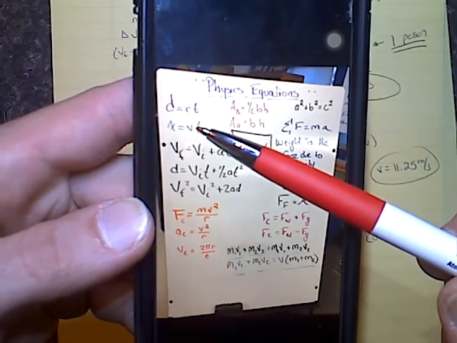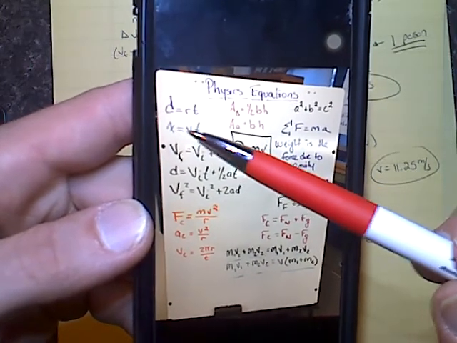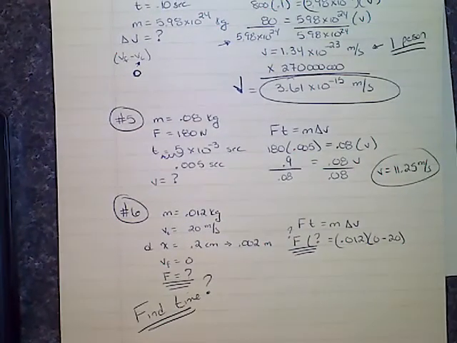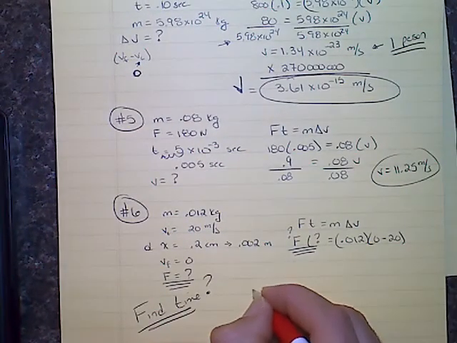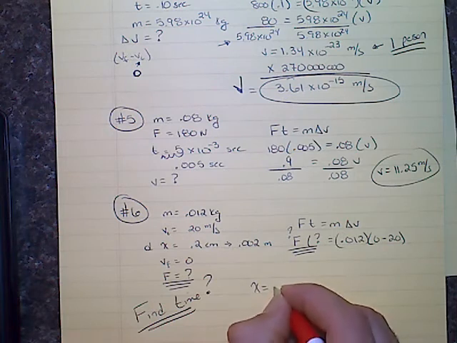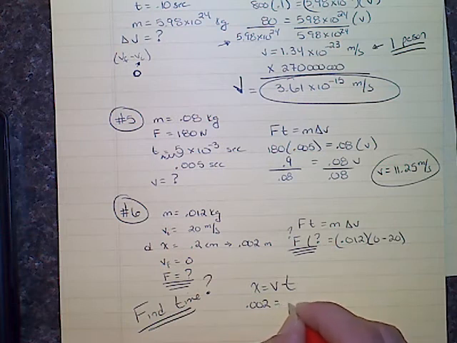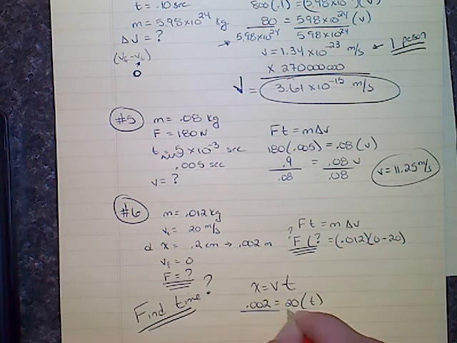We have a velocity and a displacement, so let's use that to find time. x equals vt. The x is 0.002 meters, the v is 20 meters per second, and the t is what we're looking for.